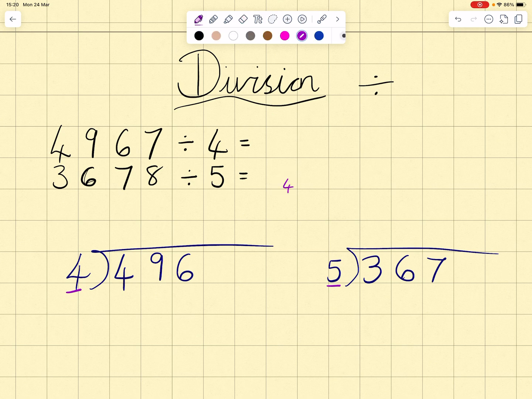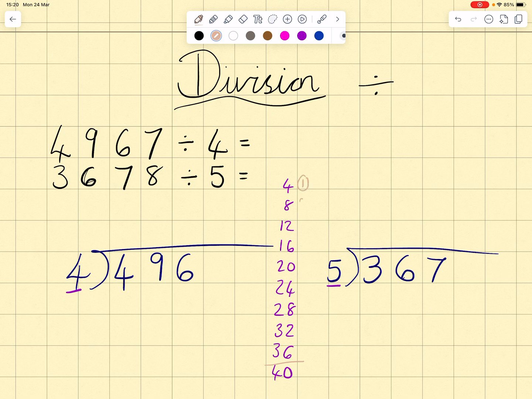So 4, 8, 12, 16, 20, 24, 28, 32, 36, 40. They will never need more than 9 lots of the times table. However, I do think it's worth adding that extra 10 because, for example, it could be 39 and then they get a little bit confused.